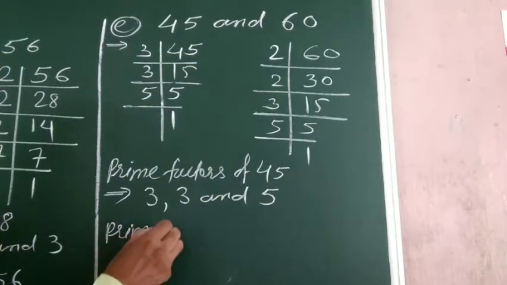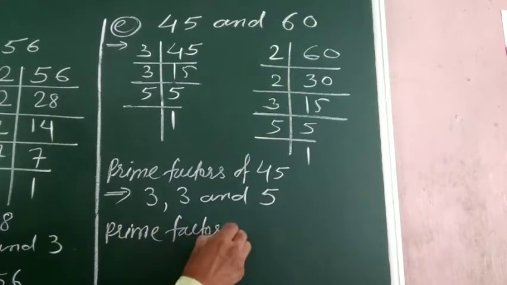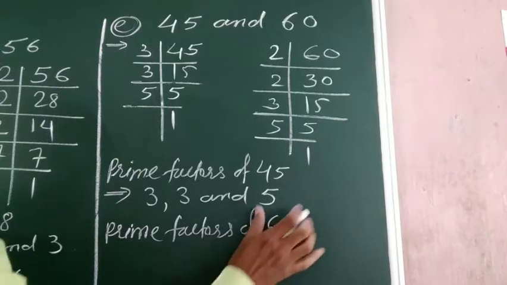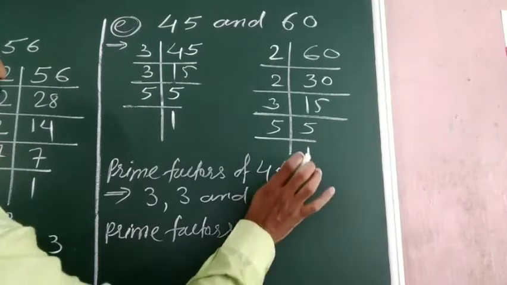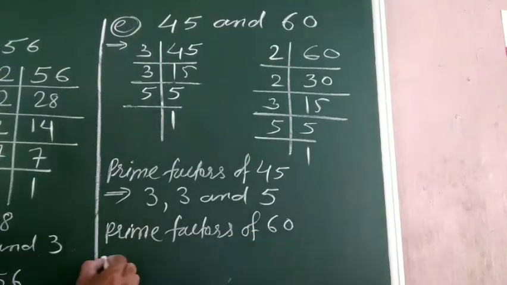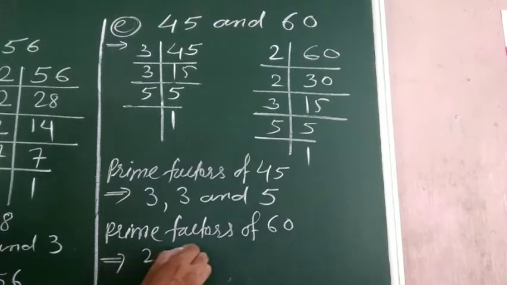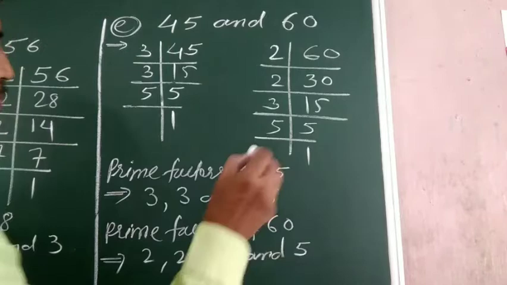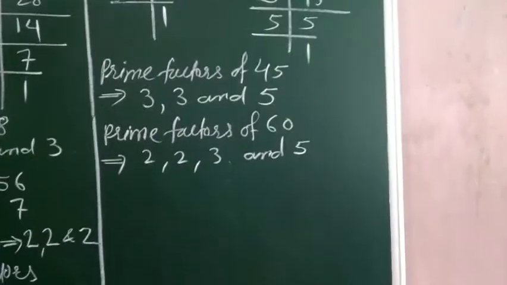Then the prime factors of 60 are 2, 2, 3 and 5.